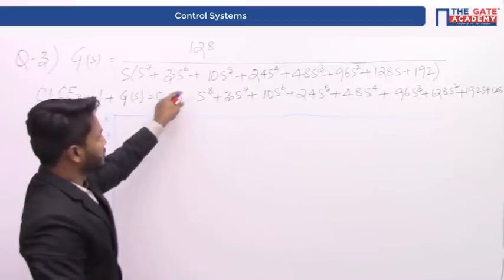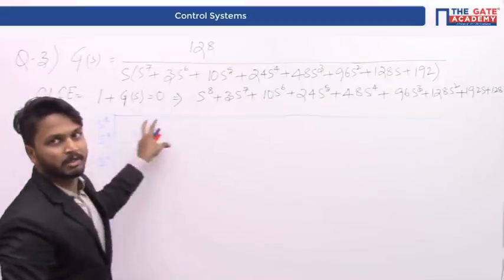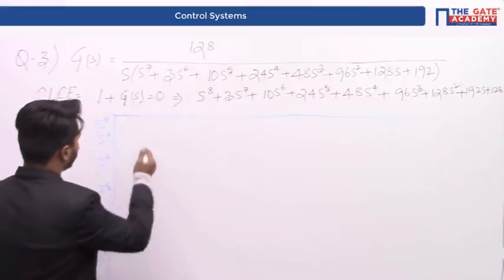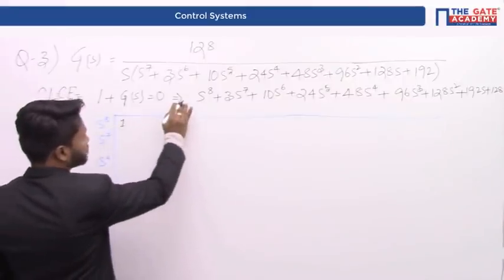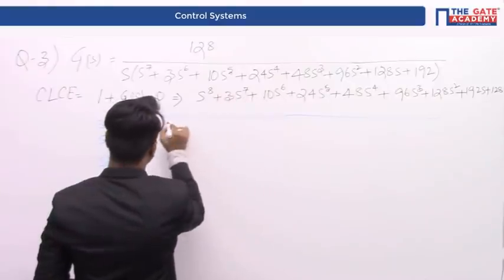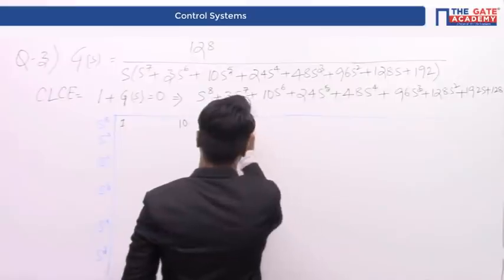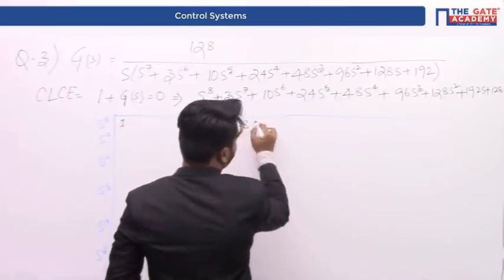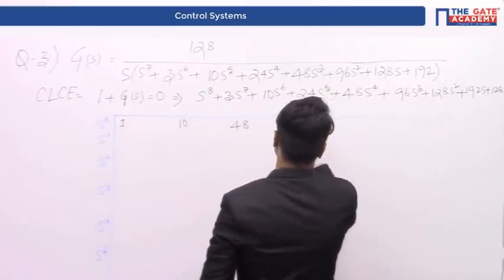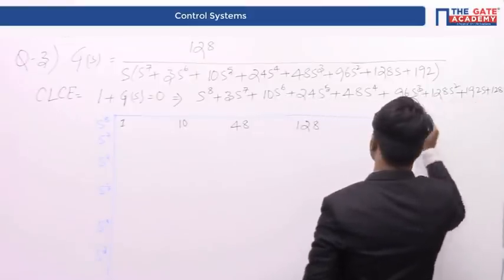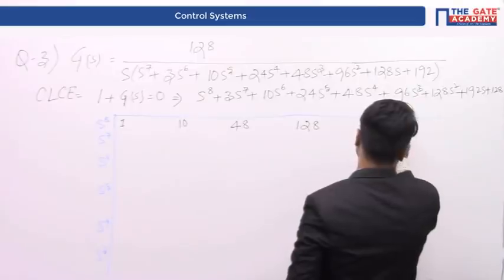So take the coefficients alternatively and place them in row 1. So start with s power 8. The coefficient is 1. Next alternate 10. Next alternate 48. Next alternate 128. And next alternate is again 128.